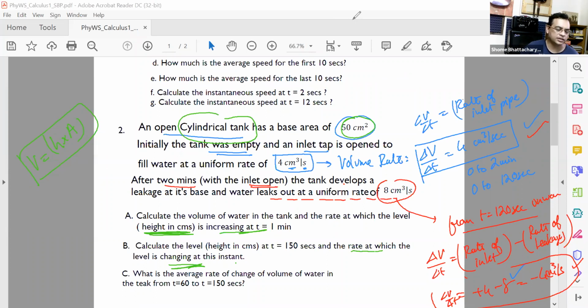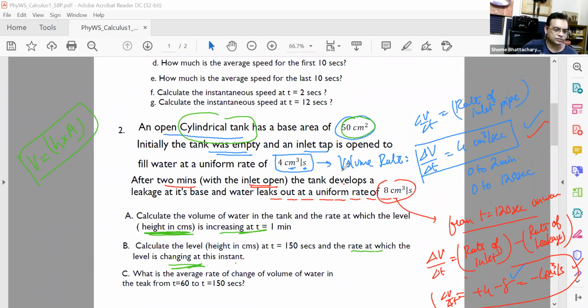But what you're saying is correct. We can find h1 and h2 at 2 points of time, t1 and t2, and write the rate of change as h2 minus h1 upon t2 minus t1. We can do that because the rate of change is uniform. So it doesn't matter whether we are talking about instantaneous rate of change or average rate of change. They're both the same.